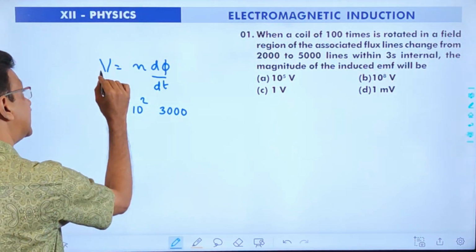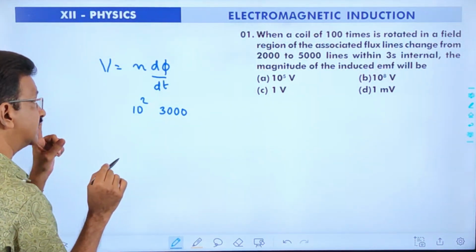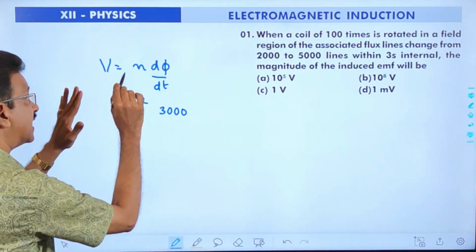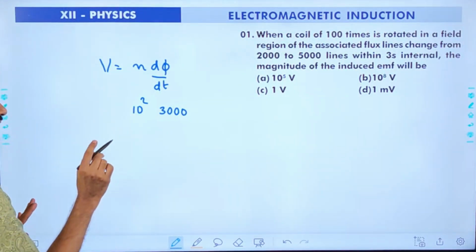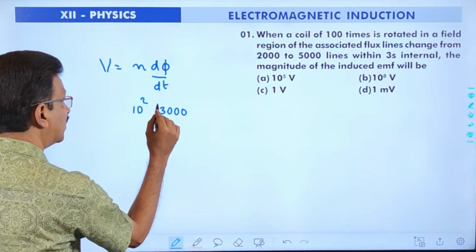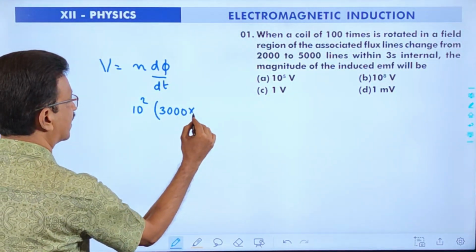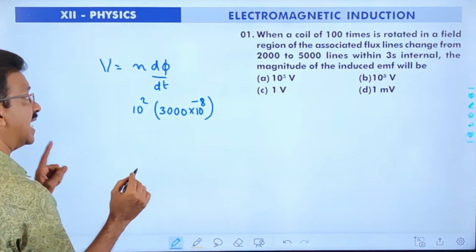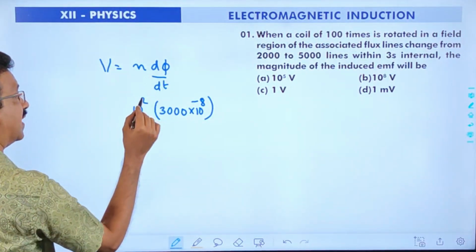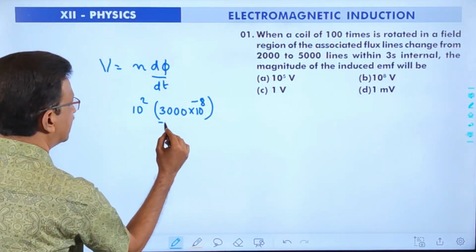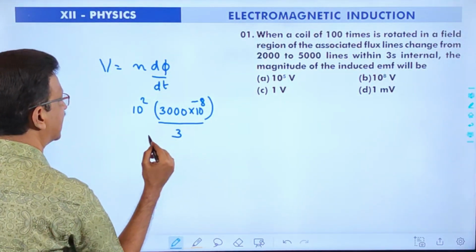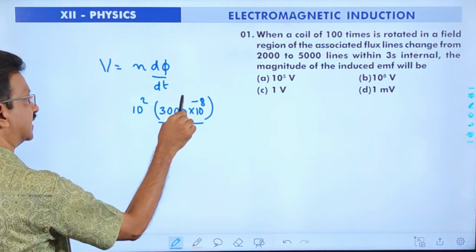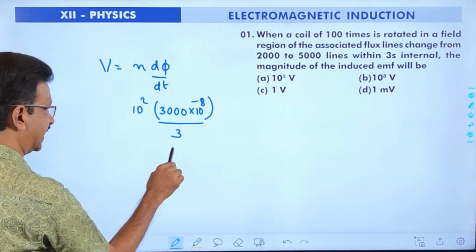Then, to get the EMF in volt, volt is the SI unit of EMF, entire terms should be in the SI system. Therefore, 3000 lines means 3000 into 10 raised to minus 8 Weber. N d phi by dt. d phi, change of flux in Weber, within 3-second interval.